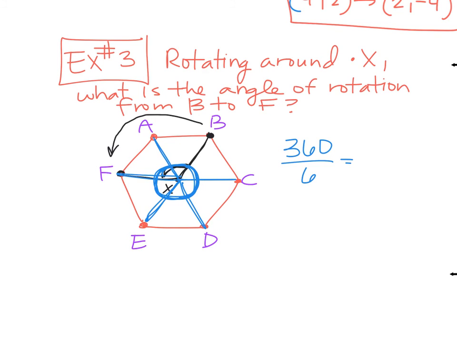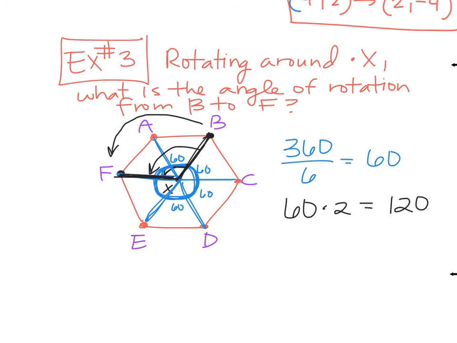We have 6 in this one. So 360 divided by 6 is 60 degrees. That means every one of these angles is 60 degrees all the way around. So to go from B to F, right here, we have 2 of those angles. So you're going to take the 60 and multiply by 2, which would be a 120 degree rotation. So if I wanted B to land perfectly on F, you would have to rotate that figure 120 degrees.